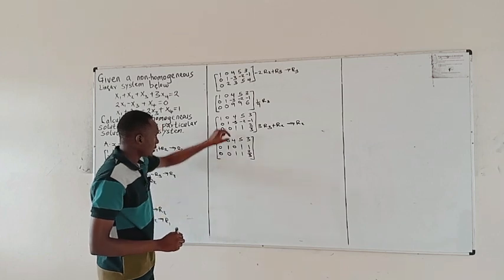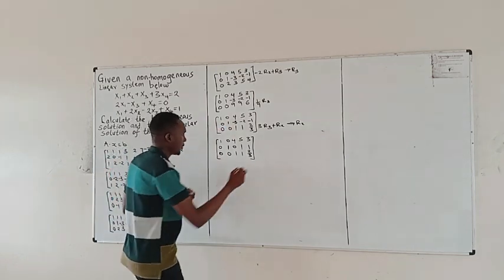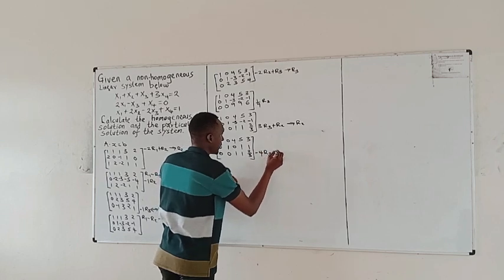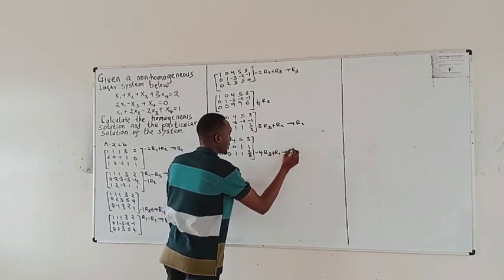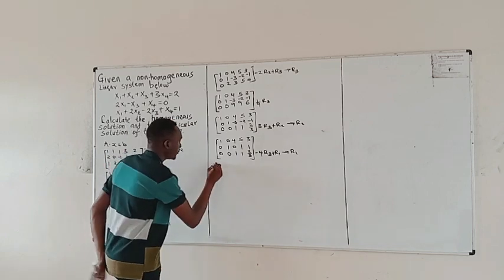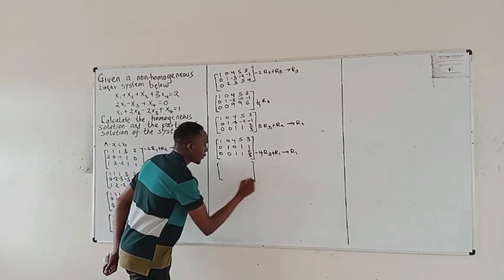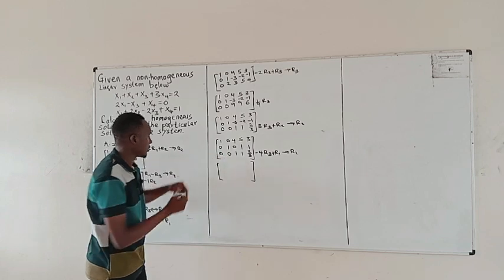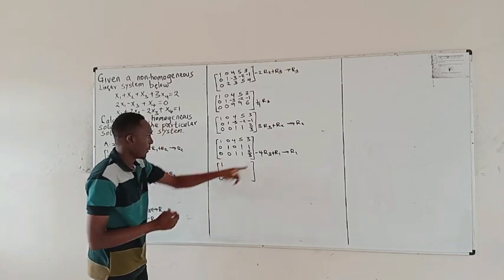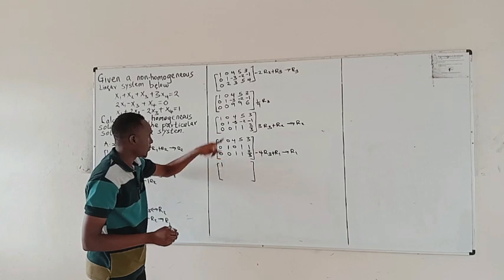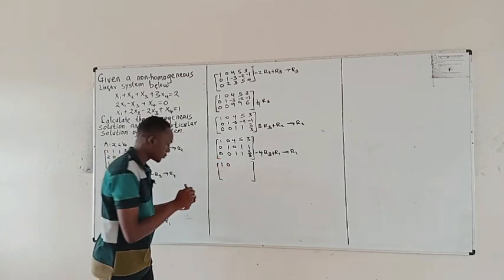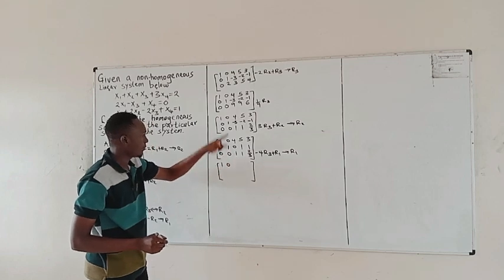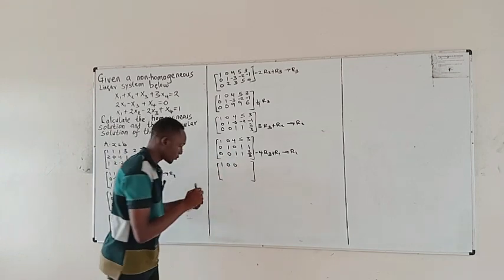Now, this 4 also should be 0. That is minus 4 times row 3 plus row 1, our answer to row 1. Therefore, our new row 1 will be minus 4 times 0 is 0. 0 plus 1 is just 1. Minus 4 times 0 is 0. 0 plus 0 is just 0. Minus 4 times 1 is minus 4. Minus 4 plus 4 is 0.